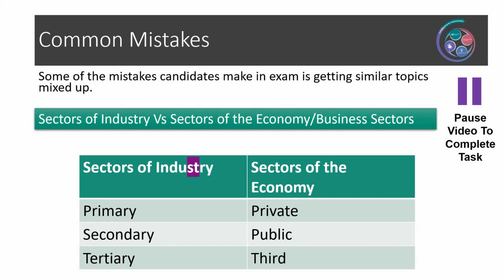And the way that I always used to remember it would be industry. If you highlight ST, that leads you to secondary and tertiary. And then obviously if you put the primary in front of there. And the sectors of the economy, therefore, have to be private, public and third.